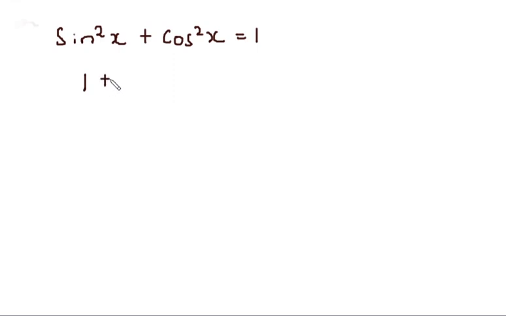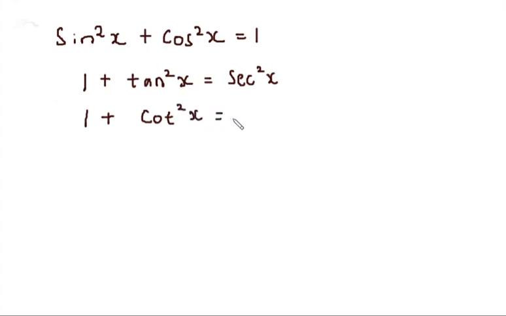1 plus tan square x equals sec square x. Then you also have 1 plus cot square x equal to cosec square x.